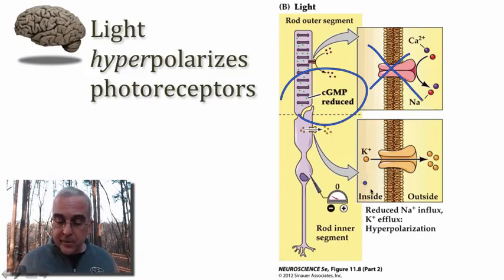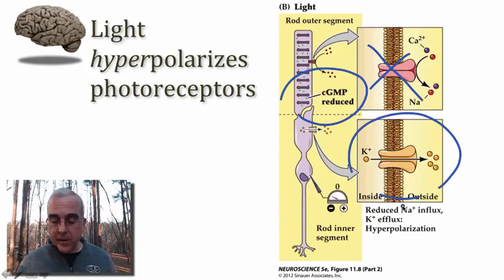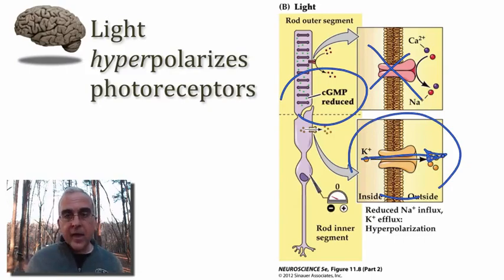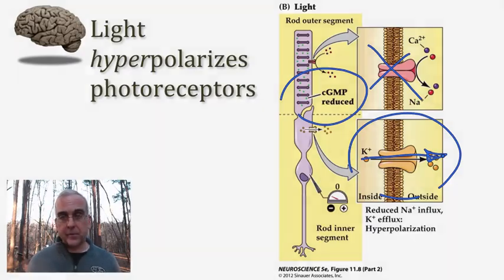Rather, the potassium channels remain open, allowing for the efflux of potassium, and that brings that membrane down to a more hyperpolarized state. And that allows the membrane to hyperpolarize to a predictable equilibrium near about minus 65 millivolts for many photoreceptors.